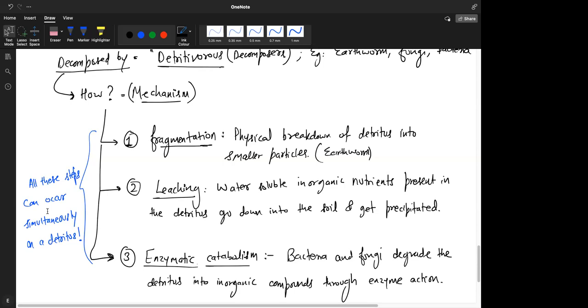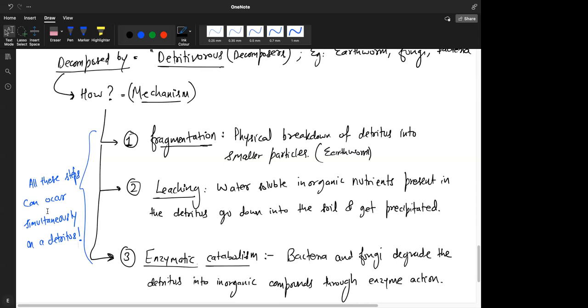Some detritus has lots and lots of nutrients locked in it, but does not undergo decomposition at a faster rate. Every detritus decomposes in nature, but some decompose at a very slow rate. You cannot decompose them very fast.